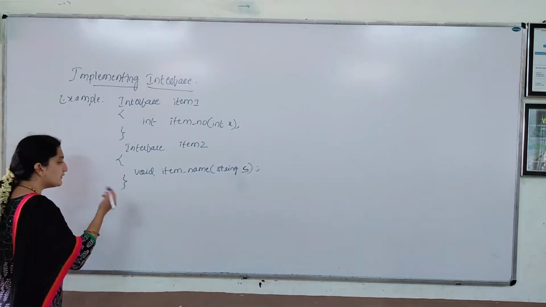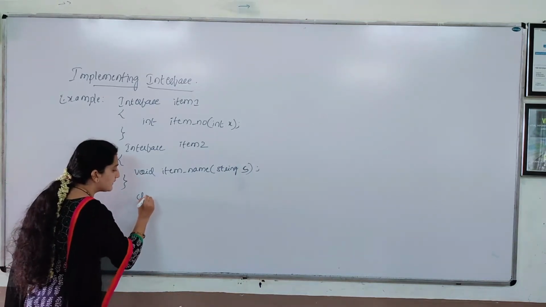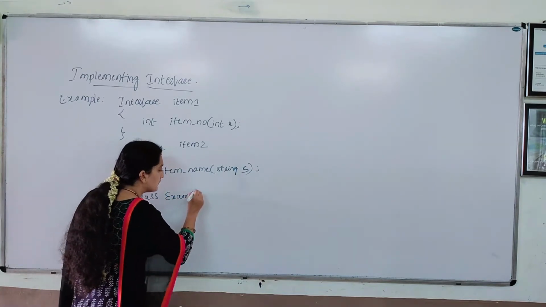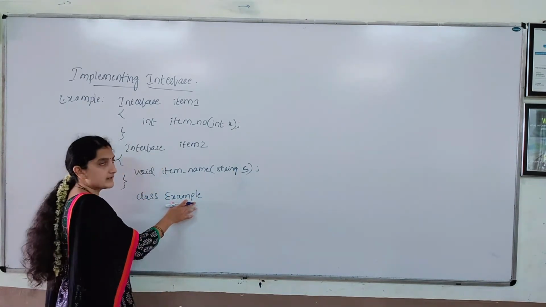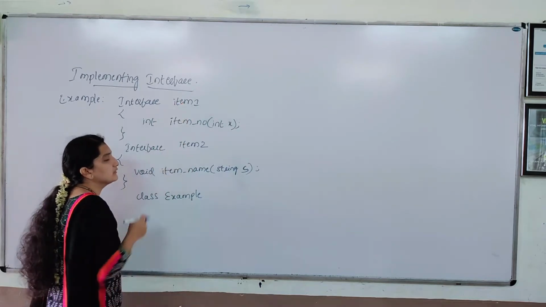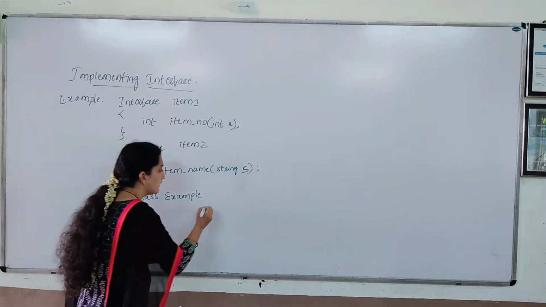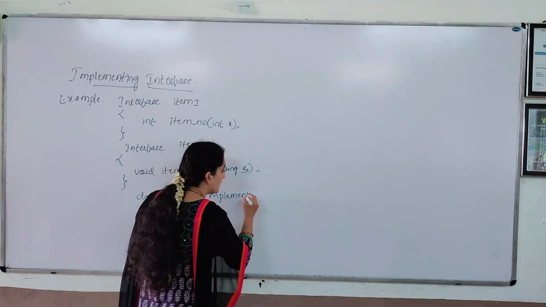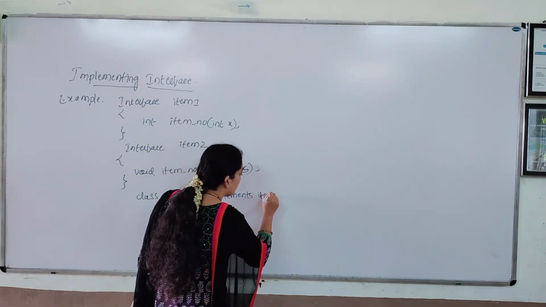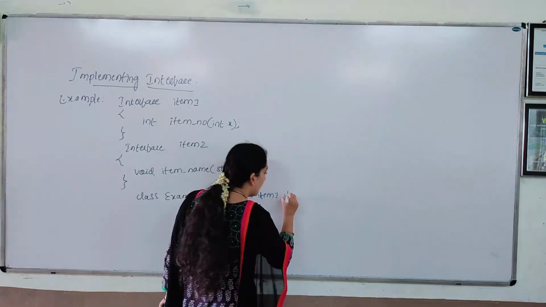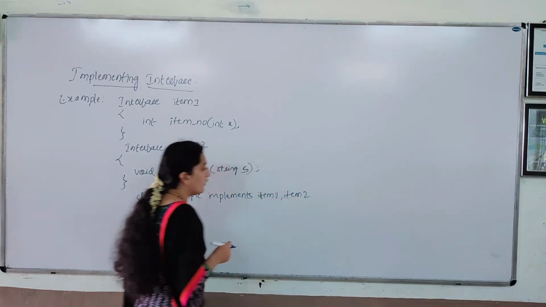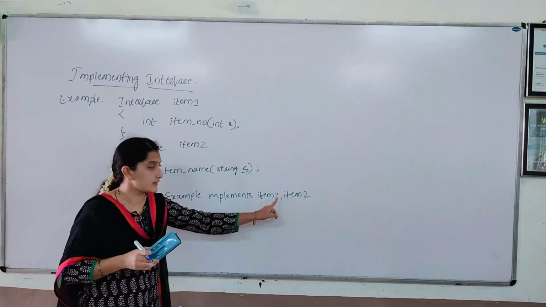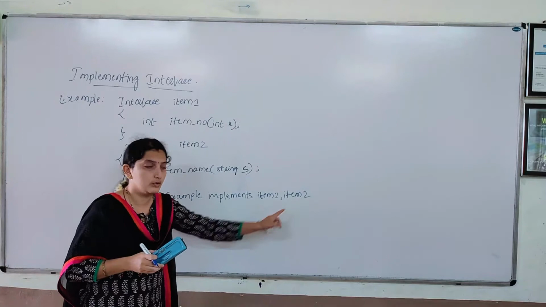Okay, now I will create one class, Example, and in this class Example I am going to implement these two interfaces. Implements is the keyword: implements Item1, Item2. You can observe here I am implementing both the interfaces, Item1 and Item2, right?